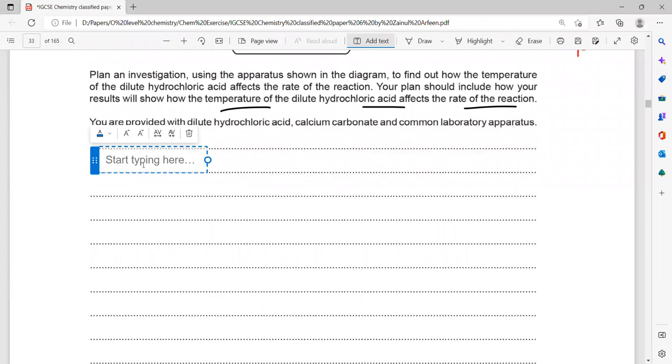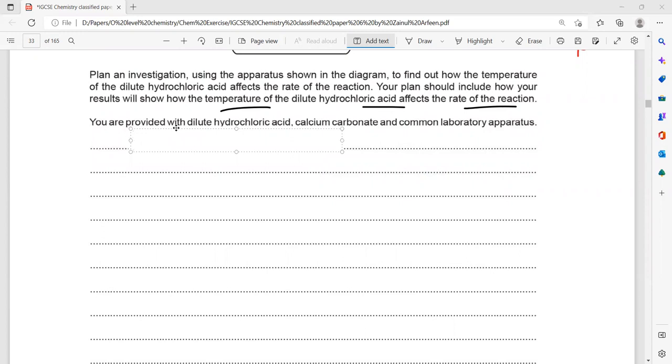So we will take, for example, 10 cm cube of HCl by a measuring cylinder. Whenever you're writing the experiment or writing the answer, always try to mention the name of the apparatus.